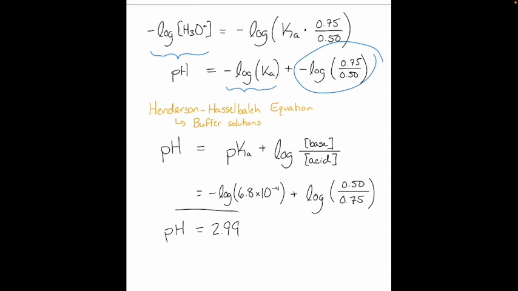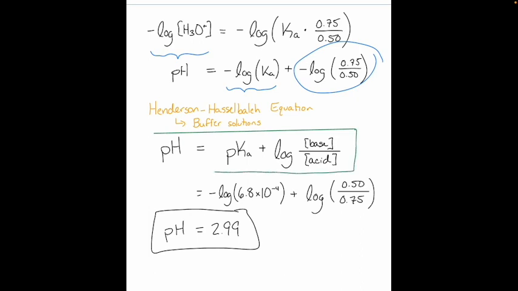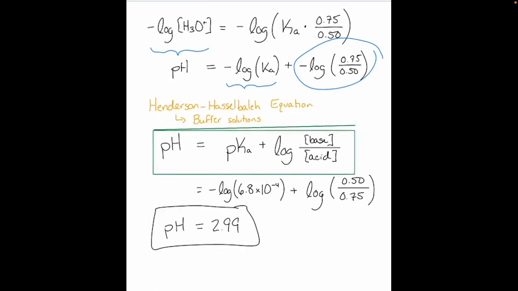That is the pH of my buffered solution here. Okay, so if we're trying to calculate the pH of a buffer, we can use this Henderson-Hasselbalch relationship here to make our lives a little easier.